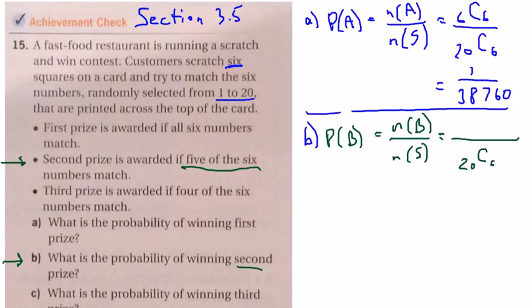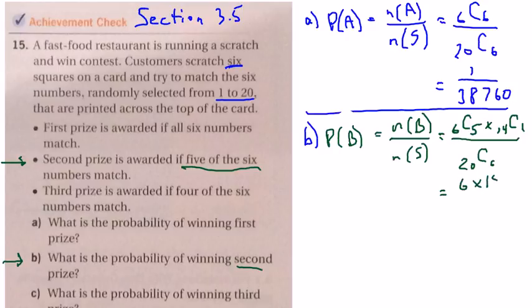But in the number of ways B can happen, we're going to say there are 6 numbers. You can choose 5 of them, and you could choose 5 in 6 ways. But also we have to consider the non-winning number. So there's 14 numbers that are not winning numbers out of the 20, and we'd have to choose one of those. So 6 choose 5, which is 6, times 14 choose 1, which is 14.